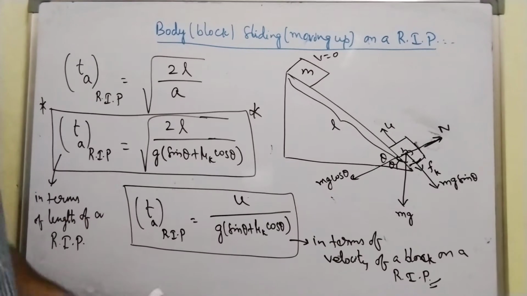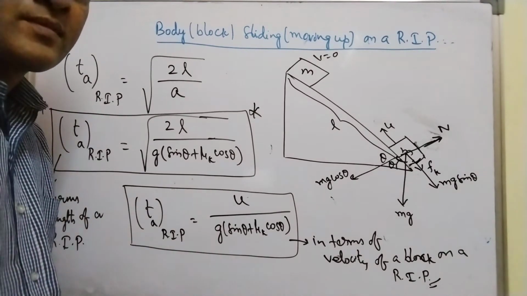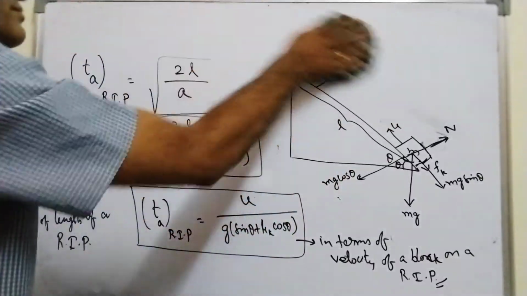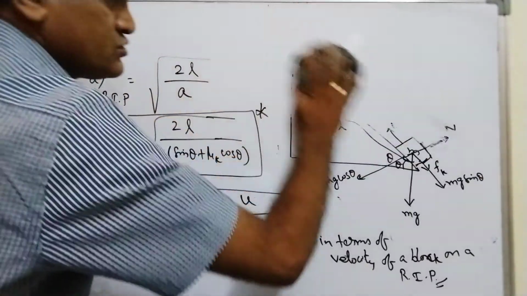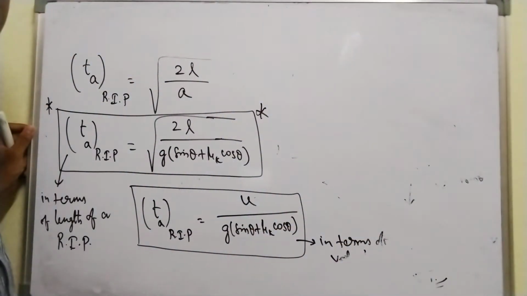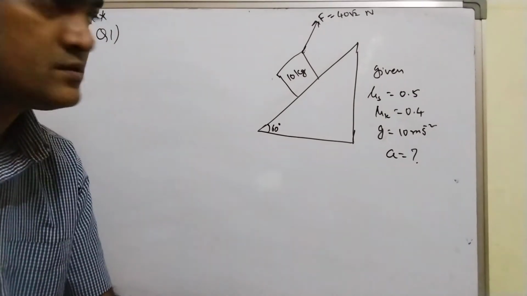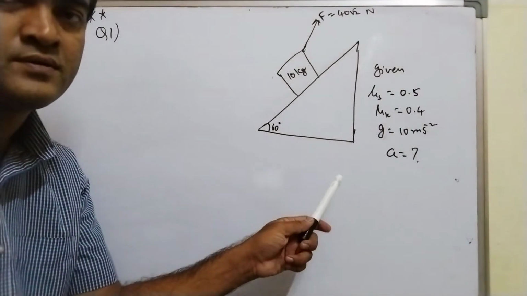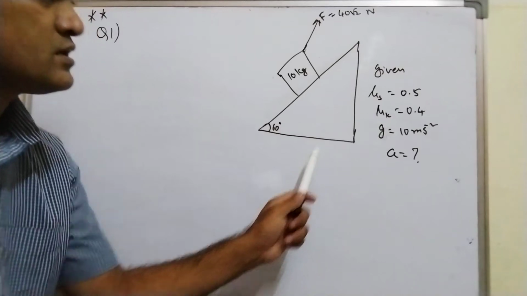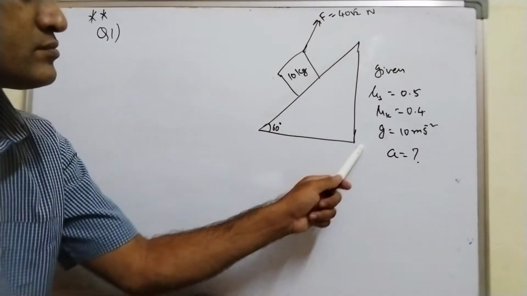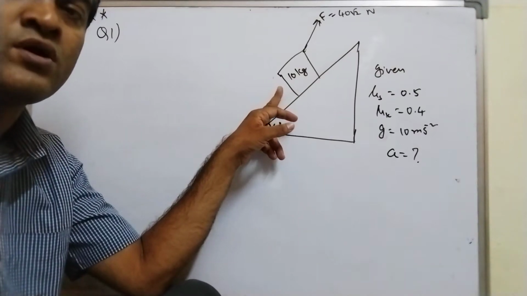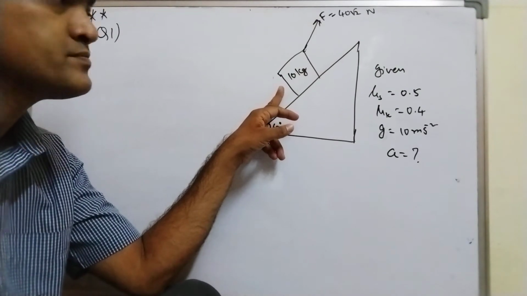Fine. So let us do a problem. This is the problem, an important model problem. Here I have a rough inclined plane on which a 10 kg block is resting.